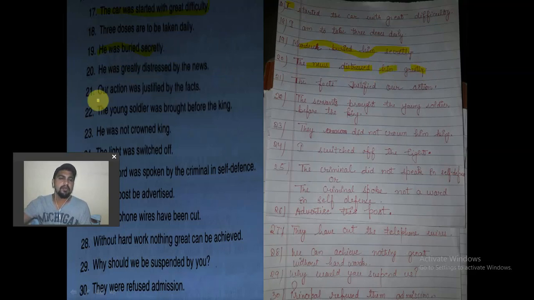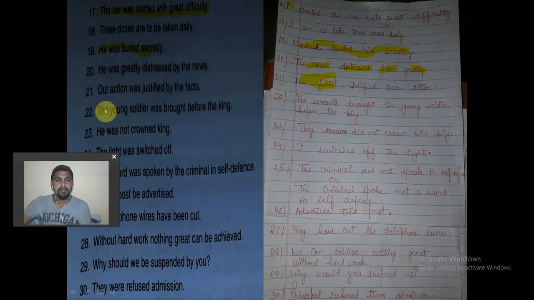Then the 21st statement is: our action was justified by the facts. Now to write the answer, we need the facts to be written in the first place. The facts, two words, we are going to write as a subject. Now, the facts justified our action. Okay, the facts justified our action.